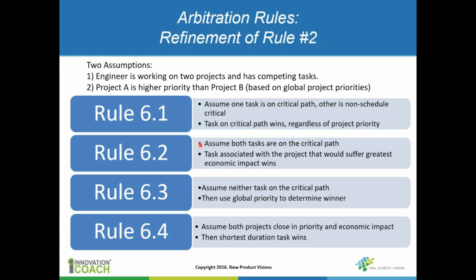Okay, so that's a nuanced way to look at it based on economic impact, basically. Rule 6.2 is, let's assume that both tasks at that point are on the critical path. Then you look at which project would suffer the greatest economic impact if you don't work on its task. Now, economic impact is kind of a nebulous concept. It really relates to schedule sensitivity. For instance, project B might be a seasonal project or product, and there might be a lot of schedule sensitivity at that particular point in time.